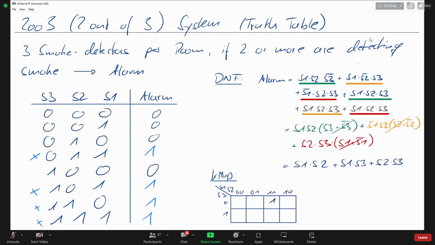If S1 and S3 are 1 and S2 is 0, so here, if S3 and S2 and S1 is 0, and if all of them are 1.